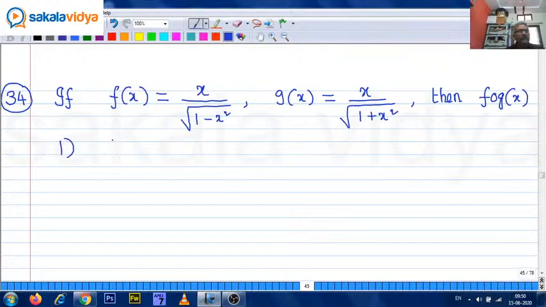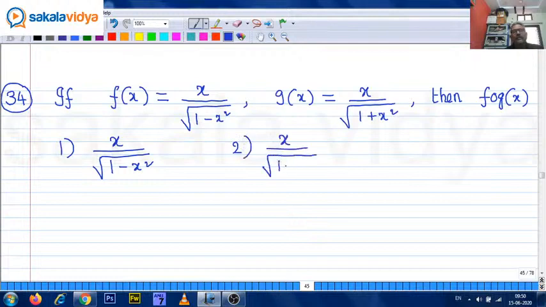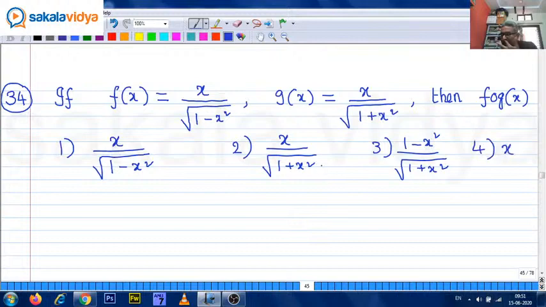First option, x upon root of 1 minus x square. Second option, x upon root of 1 plus x square. Third option, 1 minus x square upon root of 1 plus x square. Fourth option is x.